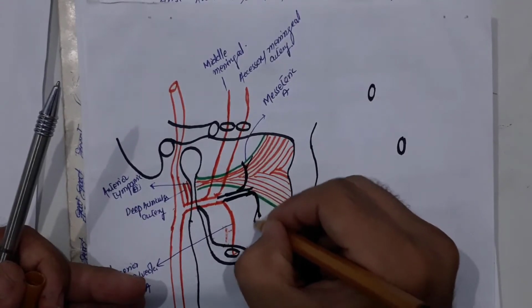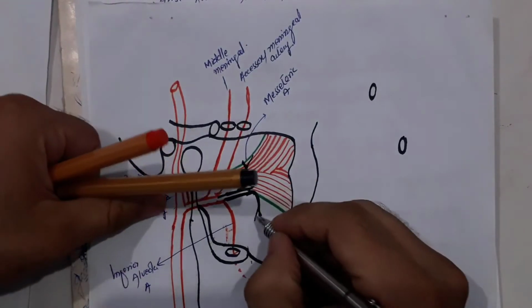And this branch was coming down. This is the pterygoid artery.